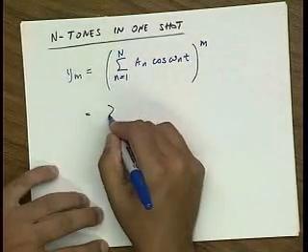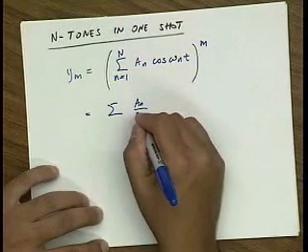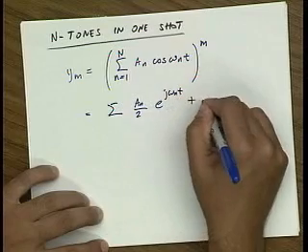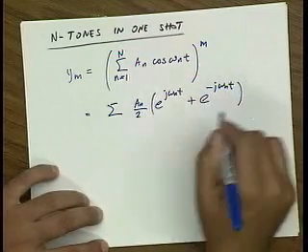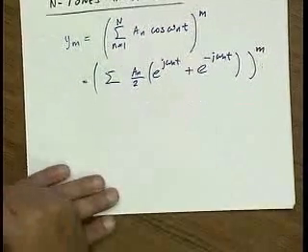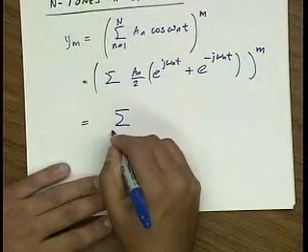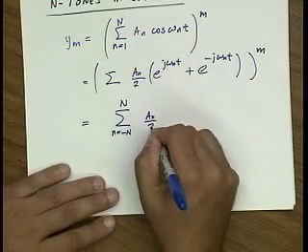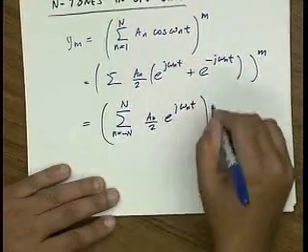The way to do this is to write cosine in terms of a complex exponential. We're going to simplify this to one sum from minus N to plus N, a_n over 2, e to the j omega_n t, to the mth power.